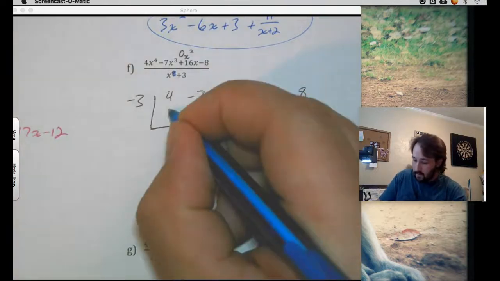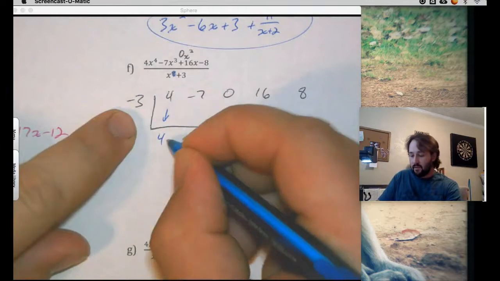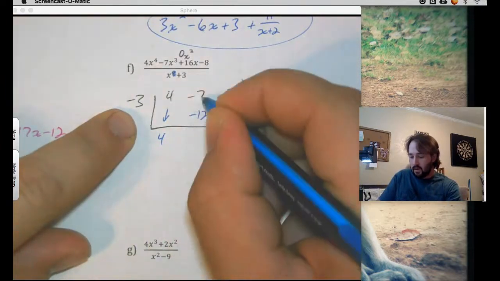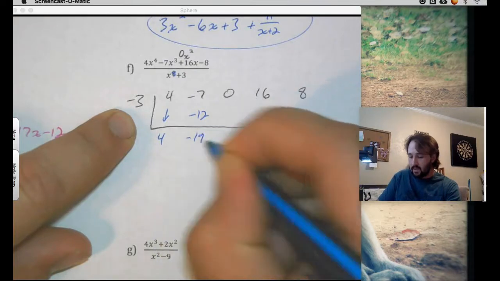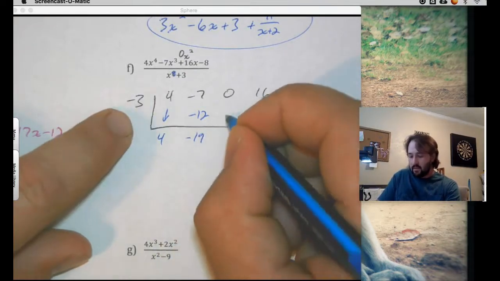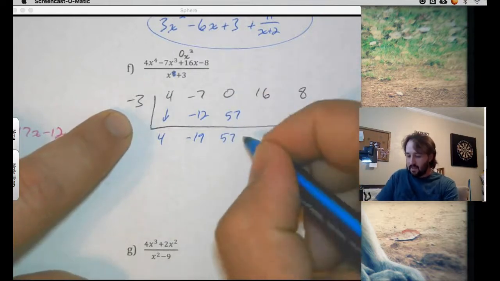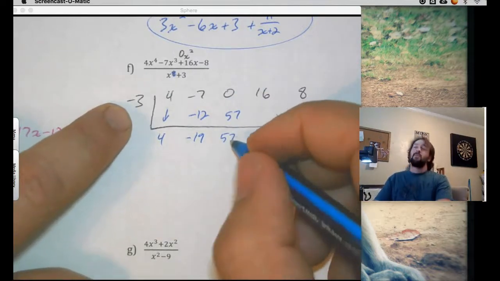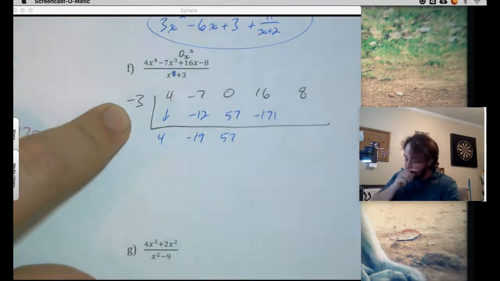All right, so now first thing, always, always pull that down, and then 4 times negative 3 is negative 12. Negative 7 and negative 12 combine to make negative 19. Negative 19 times negative 3 is 57. 0 and 57 combine to make 57. 57 times negative 3 is, let's see, 150 plus 21, so negative 171.